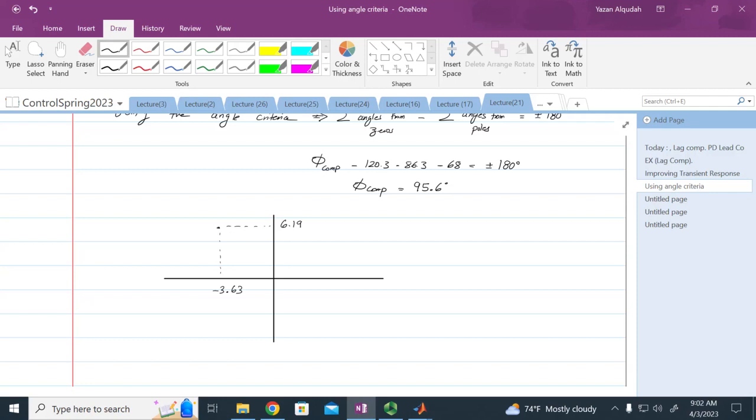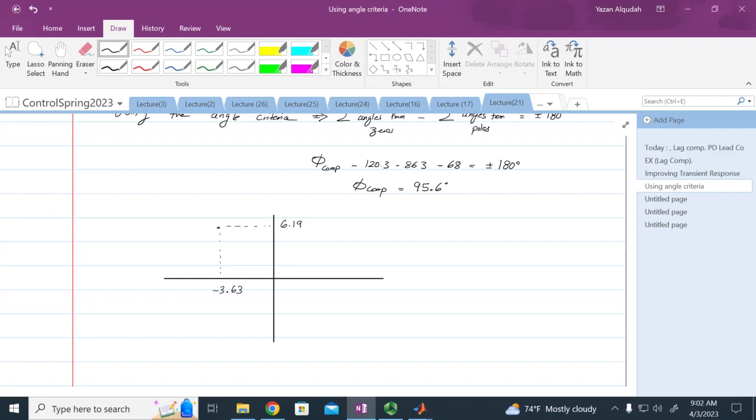Where is that zero going to be? To the right of negative 3.6. Excellent. Why? Because if it was here, it would give me 90 degrees. If I move it here, the angle is less than 90. If I want more than 90, it has to be to the right.